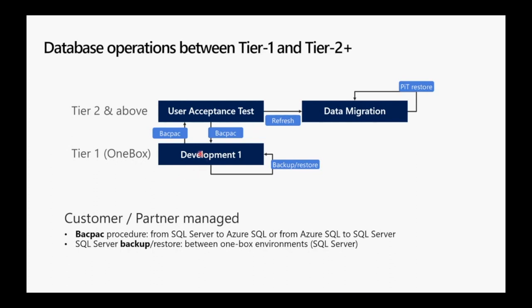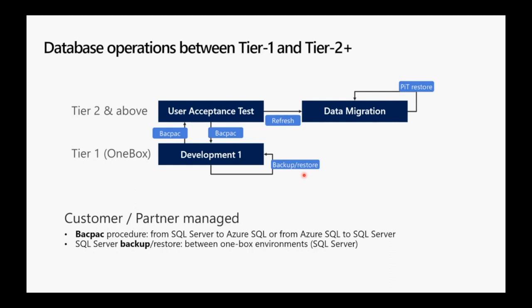So if you need to have a backup of the local SQL database, you will have to execute the backup process yourself, make a safeguard of your backup file. Typically, I would not save it on the same tier 1 environment. I would get it either in my asset library or in on-premises.